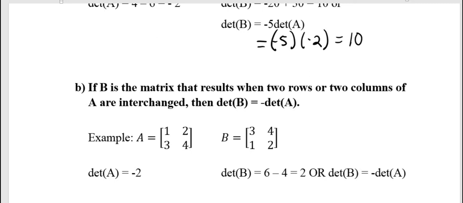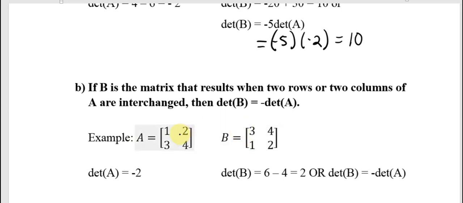And when you do that, if there's a row with a common factor, part A, you're going to factor that term out and multiply it times the determinant. Now, if you interchange two rows or two columns, you're going to negate that determinant. So that's what I'm showing you here with matrix A and matrix B.